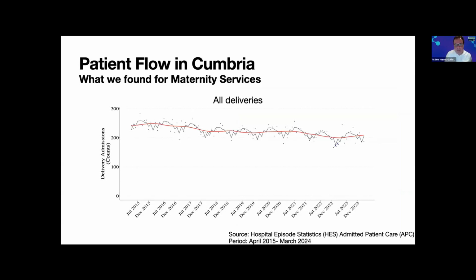The red line that we can see here shows the overall trend, the average change over time. And the gray line that zigzags around it is the variation across seasons or months, which has a certain periodicity during the years.